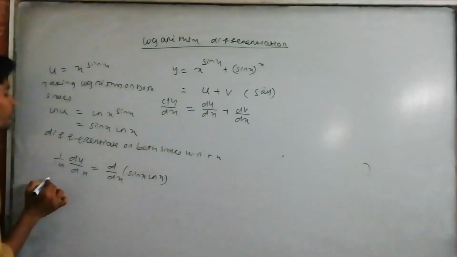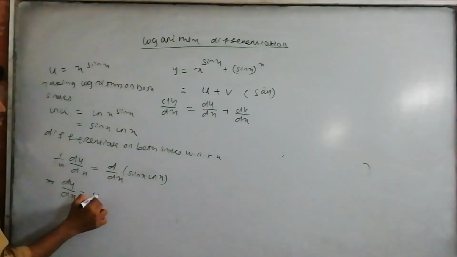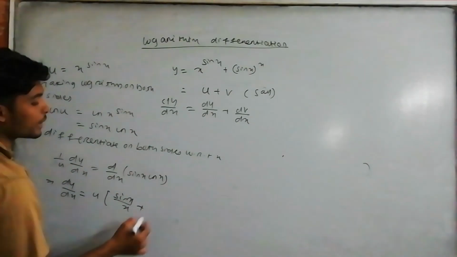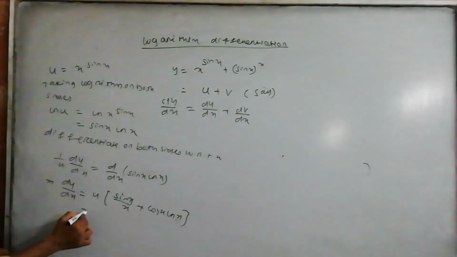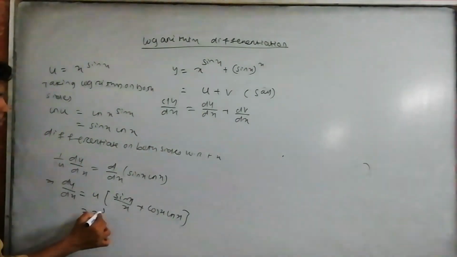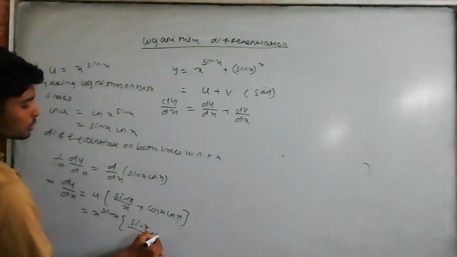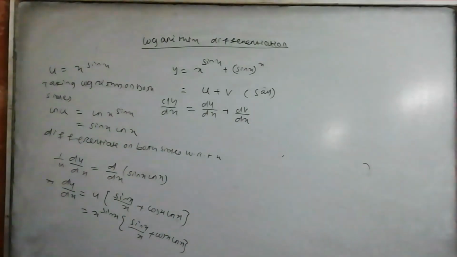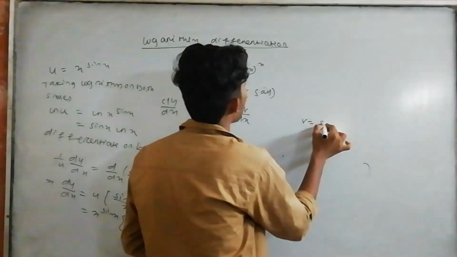So what you get? du by dx, taking u to the other side, so u times the derivative of sin x divided by x plus the derivative of sin x, which is cos x, so cos x ln x. Okay, so u is x to the power sin x, so x to the power sin x times (sin x by x plus cos x ln x).